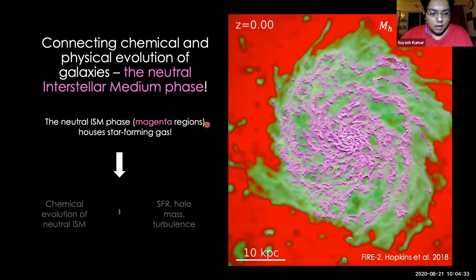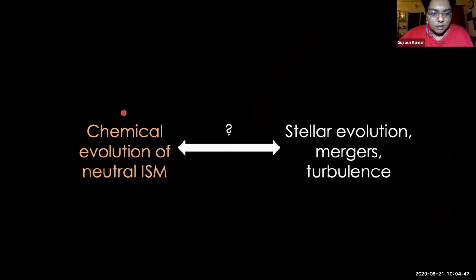Which means that we can expect some sort of correlation between the chemical evolution of the neutral ISM and the processes that could be driving it, particularly star formation, changes in dark matter halo mass, and turbulence of galactic gas. And so we begin our study with investigating the chemical evolution of the neutral ISM.